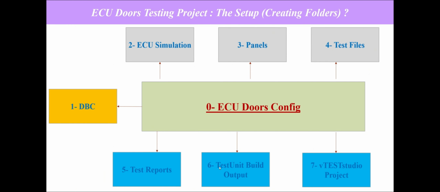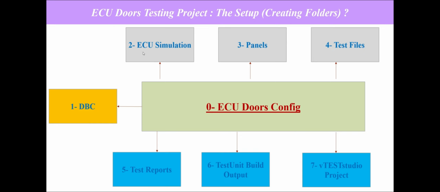Also, you can create the test unit build output folder, which contains the compiled output generated by VTest Studio when you compile your test unit. We have finally the VTest project folder, which holds the test project configuration used to create and manage all the automated test cases.